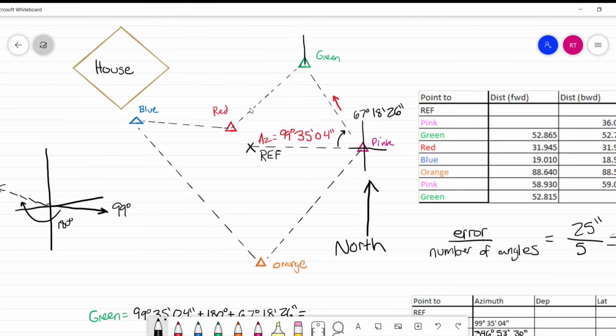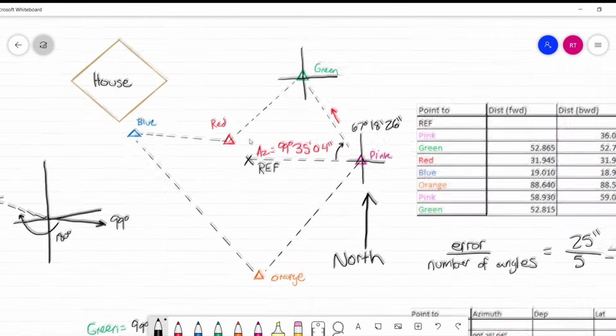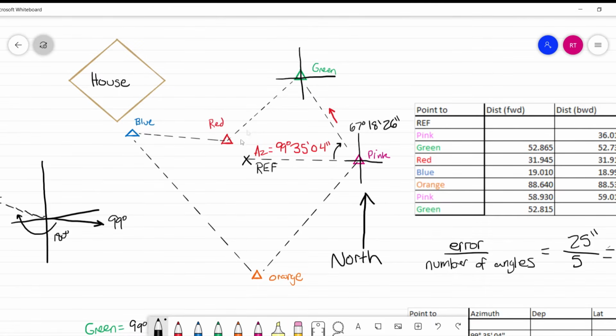Okay, same process now. We're going to again draw up this shape. You can see that the line is in the southwest quadrant, which means our azimuth needs to be greater than 180 degrees, but less than 270 degrees. We have this azimuth, and we have this angle measure, which is adjusted at 67 degrees, 17 minutes, and 42 seconds.